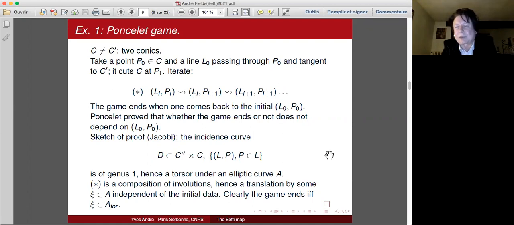Hence, this corresponds to a translation by some point xi of the elliptic curve A, which is independent of the initial data. This is just a general process. And clearly, the game ends if and only if the point xi is a torsion point. So that's Jacobi's proof.